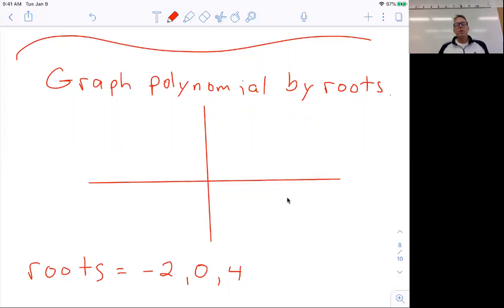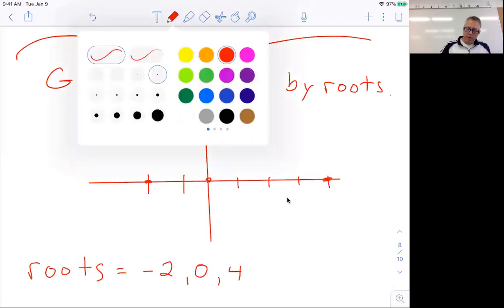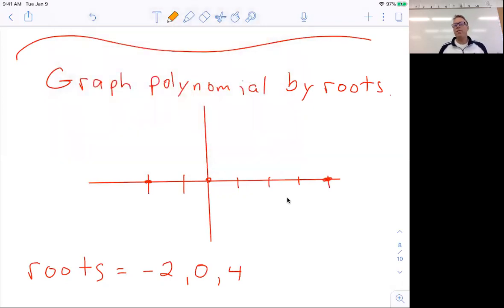Okay. The first thing we need to realize, though, is that these are the roots, which are the x-intercepts. So I'm going to have an x-intercept here at -2, an x-intercept here at 0, and an x-intercept here at +4. So as long as I have those x-intercepts, my graph could look many different ways.